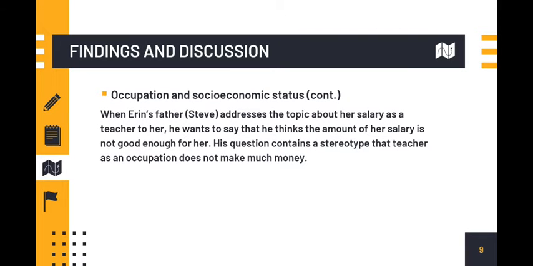So in this dialogue, when Erin's father addresses the topic about her salary as a teacher, he wants to say that he thinks the amount of her salary is not good enough for her. His question contains a stereotype that teacher as an occupation does not make much money.